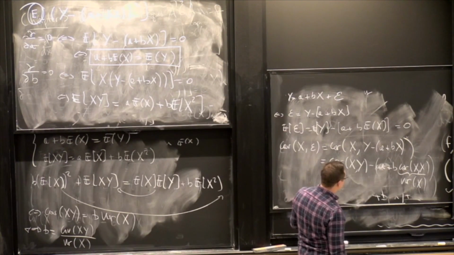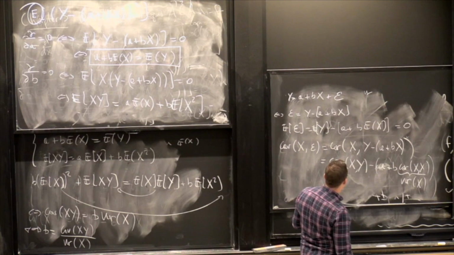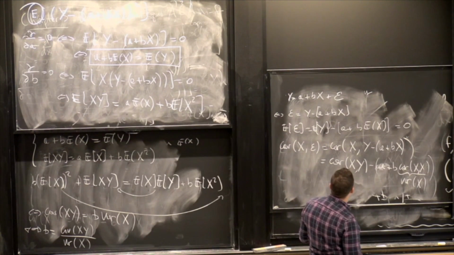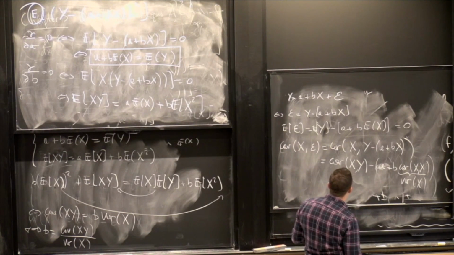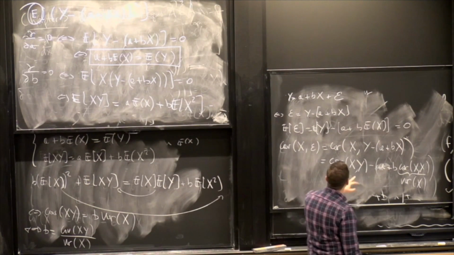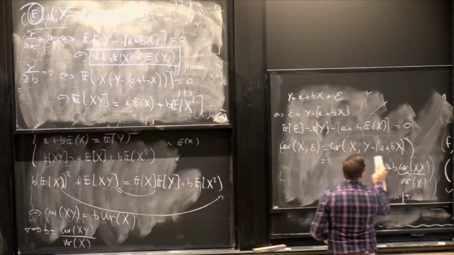So why? What did I do? Covariance of xy. Yeah, that's because I cannot do that with the covariance. Yeah, I have those averages again. No, because this is centered, right? Sorry, this is centered.